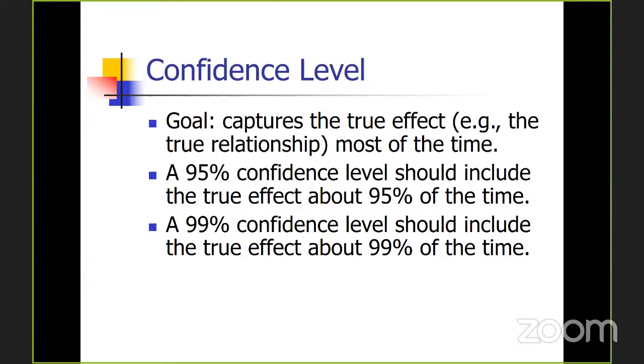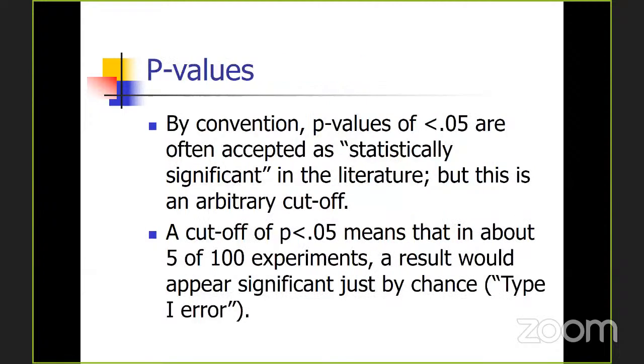Everybody understand why I'm saying this? Because you could have actually designed an excellent experiment, and even if you use a 99% confidence level, there's a 1 in 100 chance that you did a study that unfortunately you didn't get the true result, by definition. And nobody answering me, so I'm going to assume that you are following.